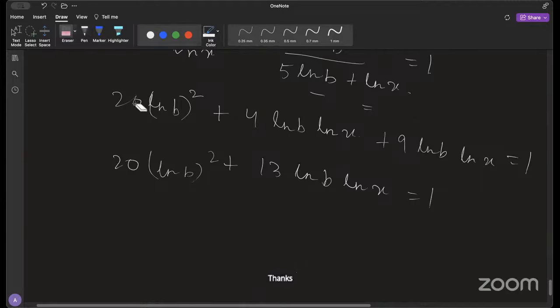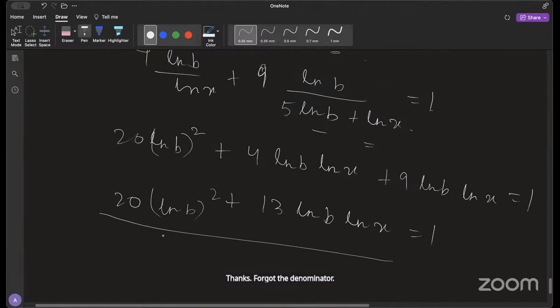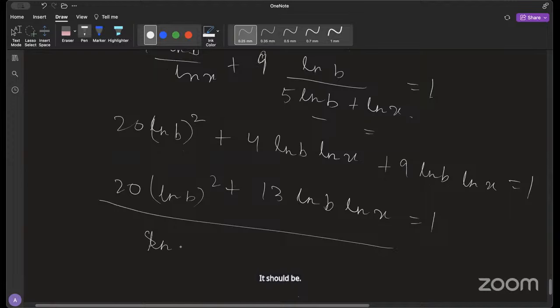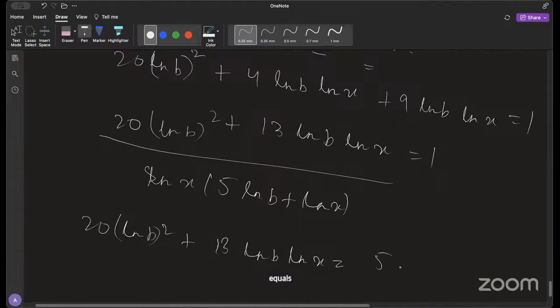Thanks, I forgot the denominator. So it should be natural log of x, 5 natural log of b plus natural log of x. This is 20 natural log of b whole squared plus 13 natural log of b natural log of x equals 5 natural log of b natural log of x plus natural log x squared.